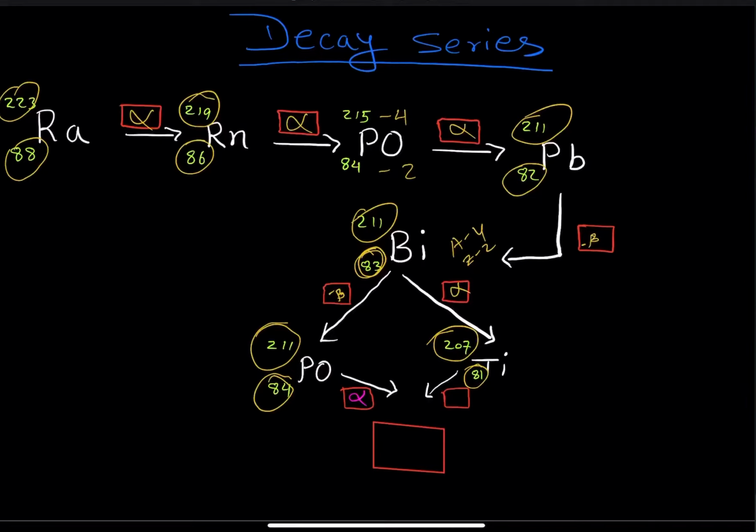Finally, can you predict from this side? No, because we don't know what kind of decay is here, and we don't know the final product, so we cannot predict from this side, but we can predict the answer from the other side.